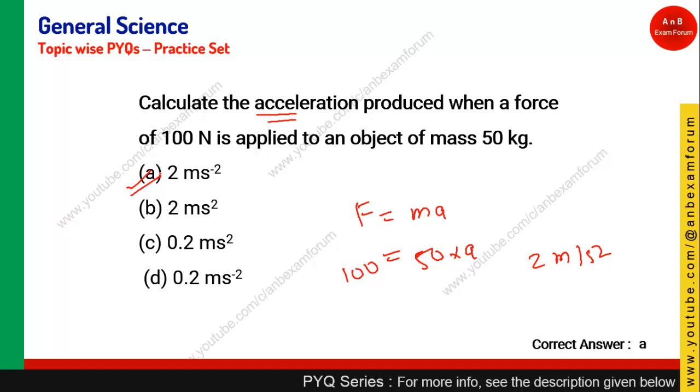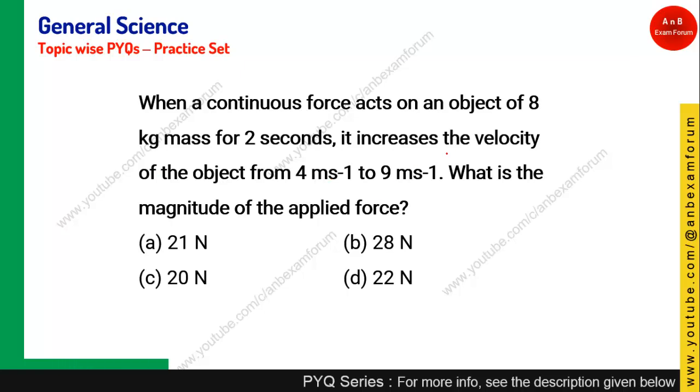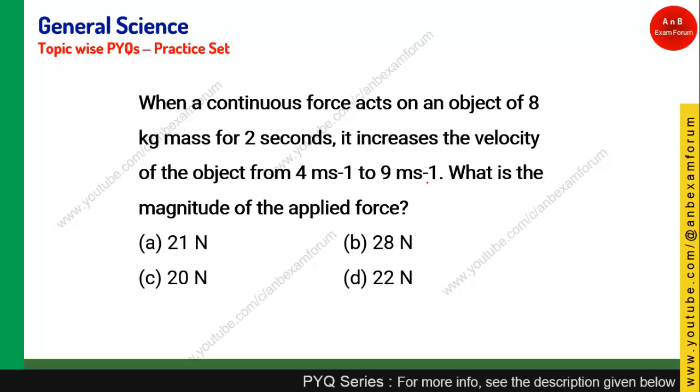Let's see the next question. When a continuous force acts on an object of 8 kg mass for 2 seconds, its velocity increases from 4 meter per second to 9 meter per second. What is the magnitude of the applied force? Students, again the same formula, F is equal to ma, and here the acceleration is not given directly. You need to calculate it. Acceleration is change in velocity by time. The velocity change is from 4 to 9 meter per second, which is 5 meter per second.